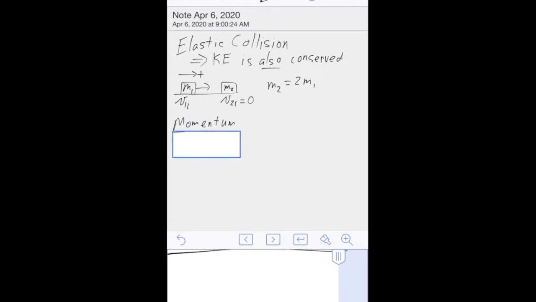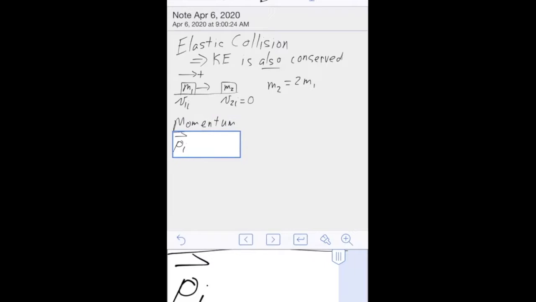Okay, so the first thing that we want to do is write down the initial momentum, right? The total initial momentum for the system. So I'll write that as P sub I, and that's a vector, although this is in one dimension, so we only have to worry about positive versus negative.